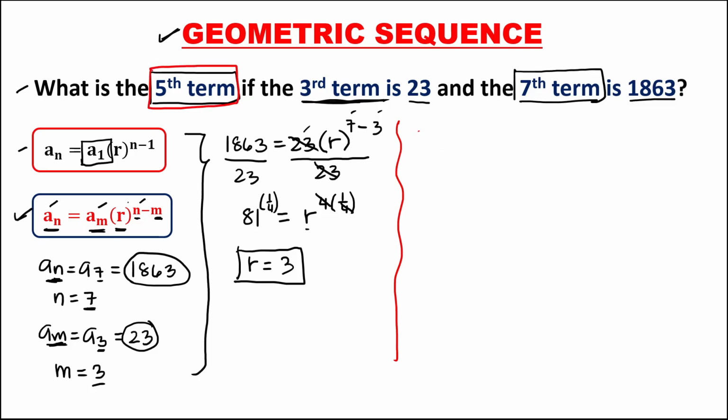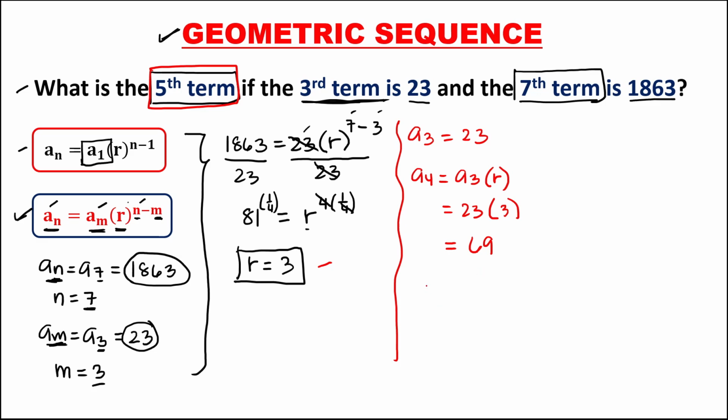Since the third term, or a sub 3, is equal to 23, the fourth term is equal to the third term times the common ratio. The third term is 23, times the common ratio, that's 3. Therefore the fourth term is equal to 69.